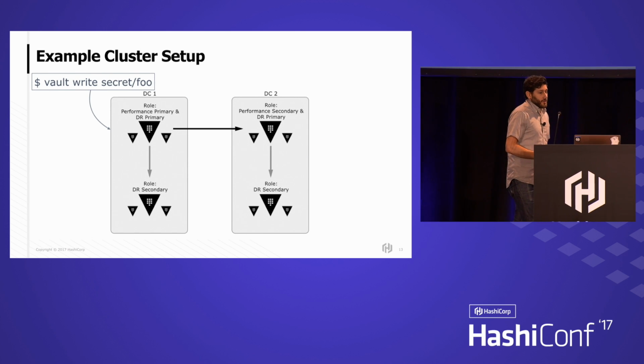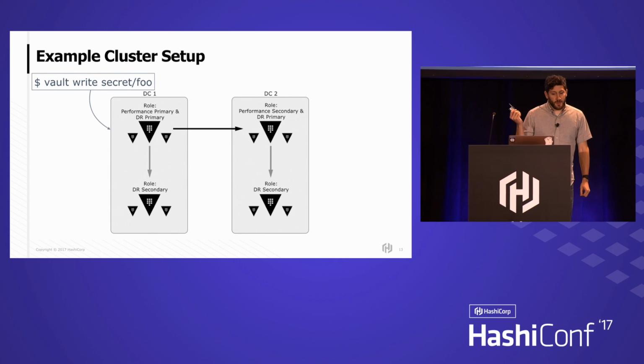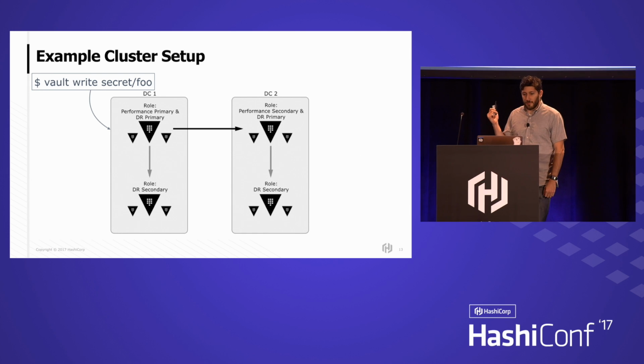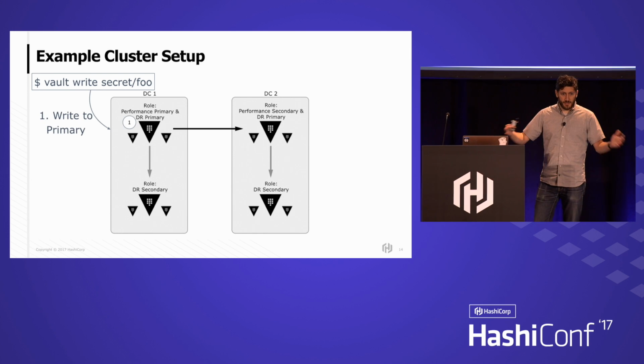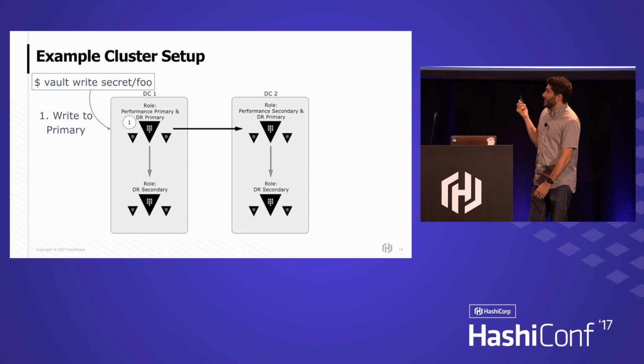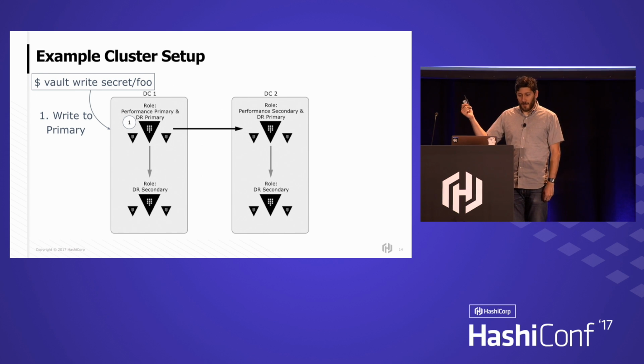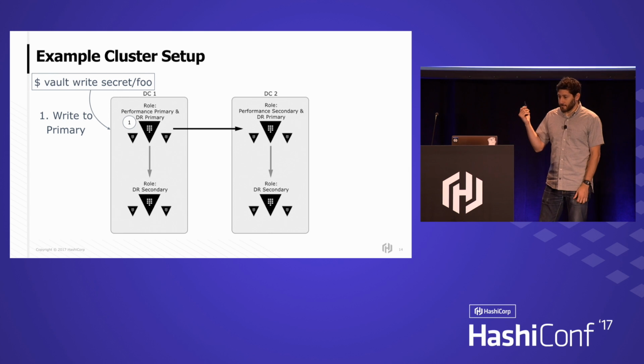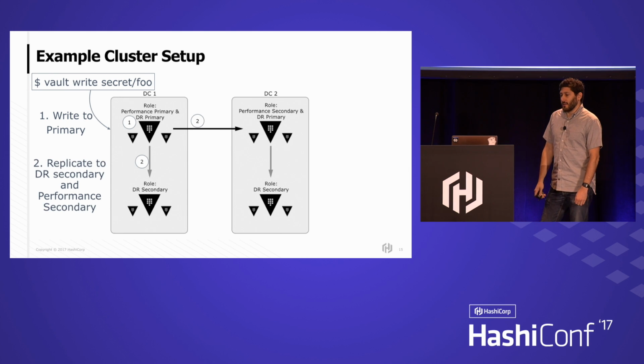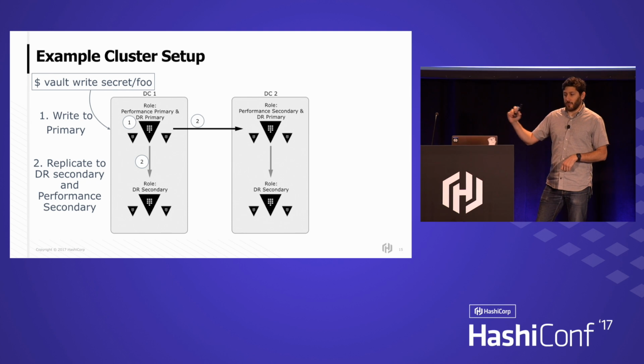And so if we were to write a secret to the performance primary here, the first step in replicating all that down to each data center would be that it would commit that information to the primary, and so it would store it in its storage backend. And then the second step would be the primary replicating that down to its DR secondary and the performance secondary that's in data center 2.